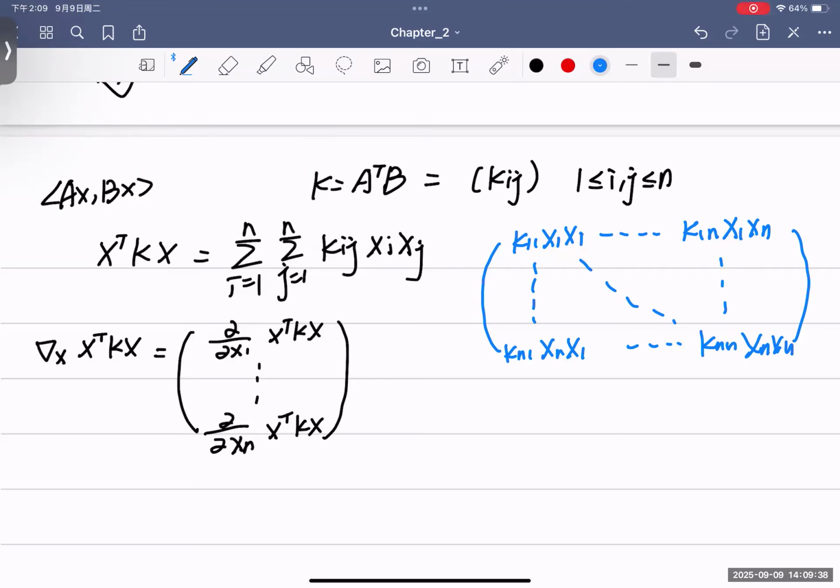The value is all these elements added together.